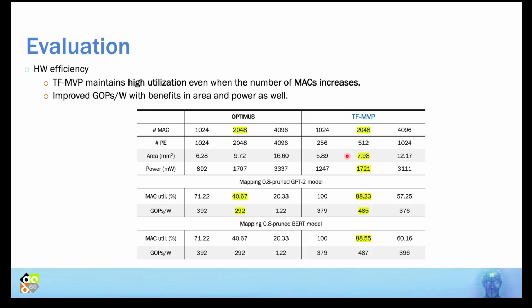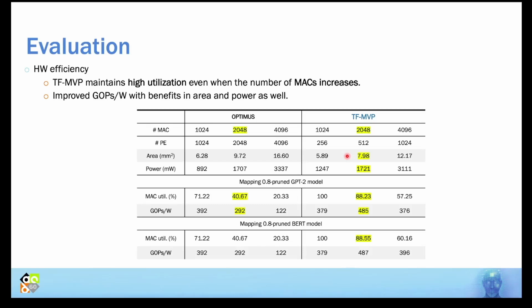When mapping actual GPT-2 or BERT models, the average MAC utilization of the proposed work decreases as the number of P increases, but the degree of decrease is less than that of Optimus. This effect can be clearly seen in the case of 2048 MACs.